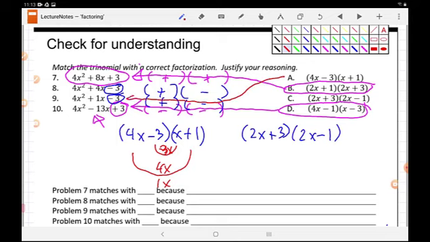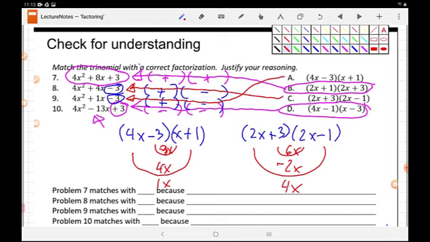A is 9. And just logically, we know C must be 8. Alright, but let's do a quick check. So this would give me a negative 2x, and this would give me a 6x, which is a positive 4x. And yes, that makes sense.